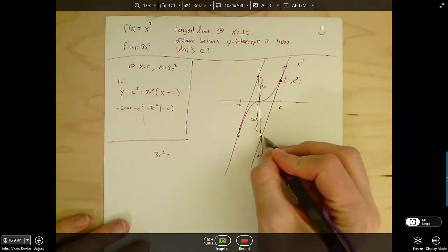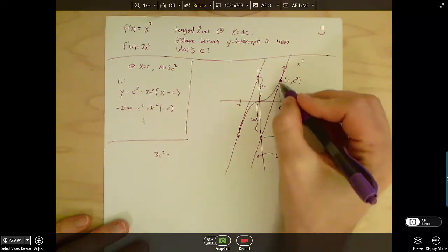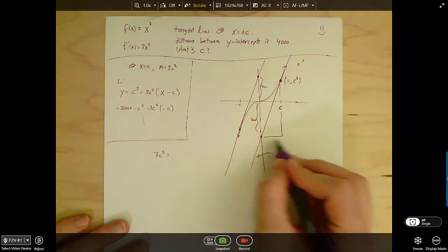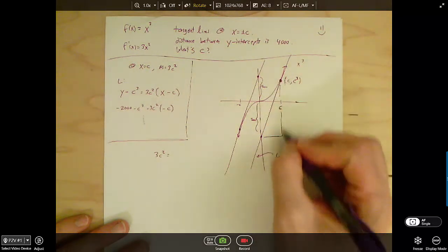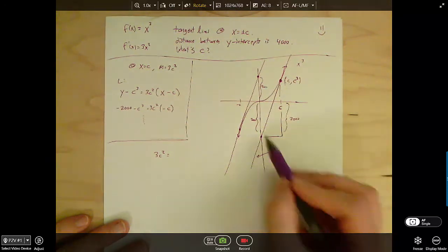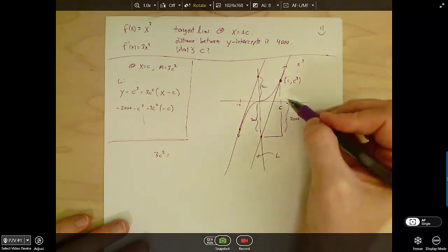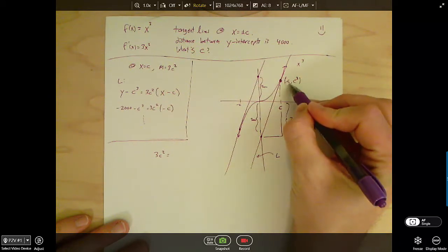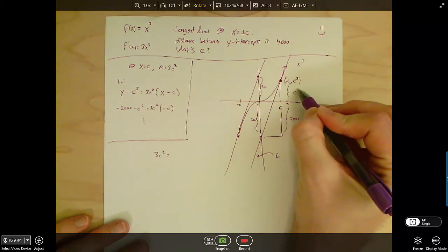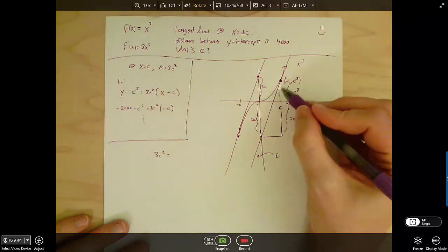I know I could describe it as delta y over delta x. So what is the delta y? I know this distance here must be 2,000 because it's the same as the y-intercept here. And I know that this distance must be c cubed because it's the height above the x-axis that this point is.